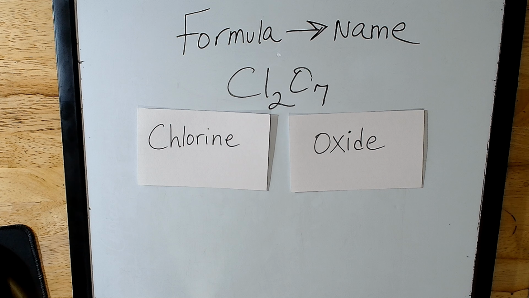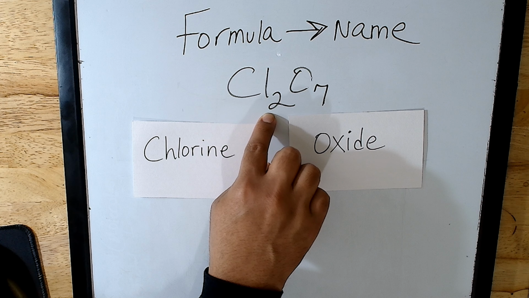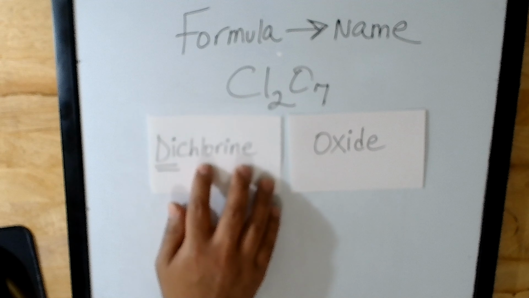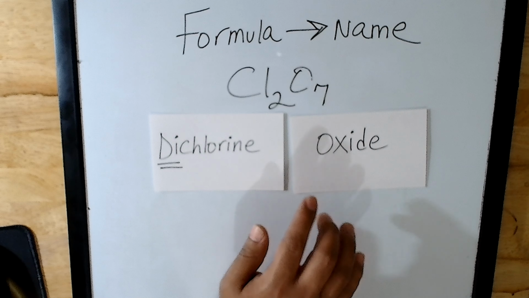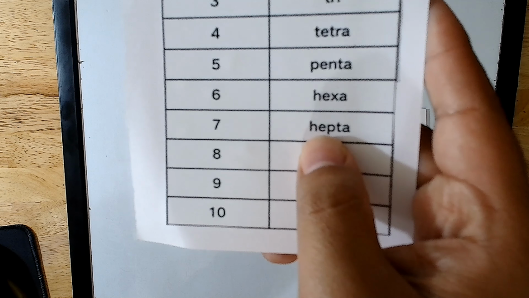Now, for each element, we need to use the correct prefixes based on the subscripts of the chemical formula. The number 2 is represented with the prefix di, so dichlorine so far. And the number 7 is represented by the prefix hepta.